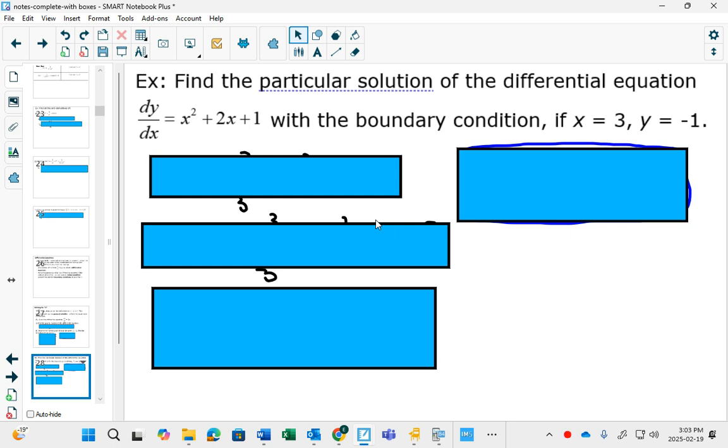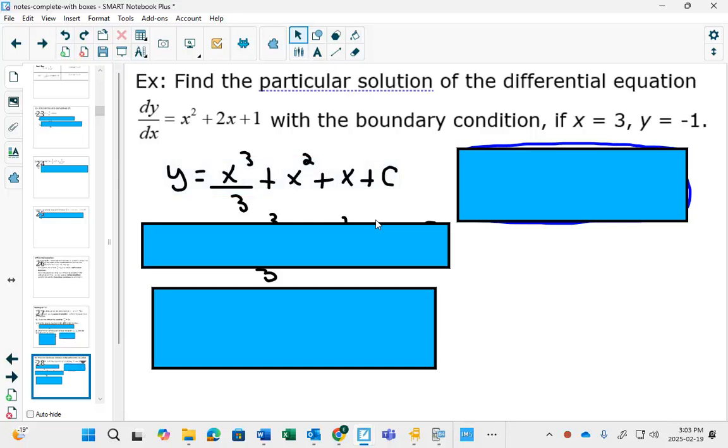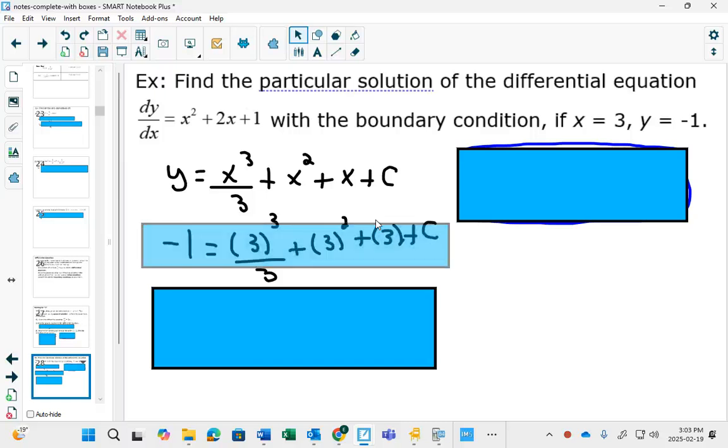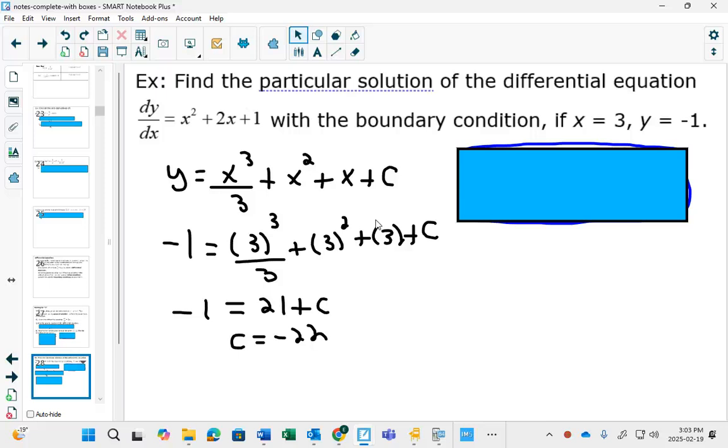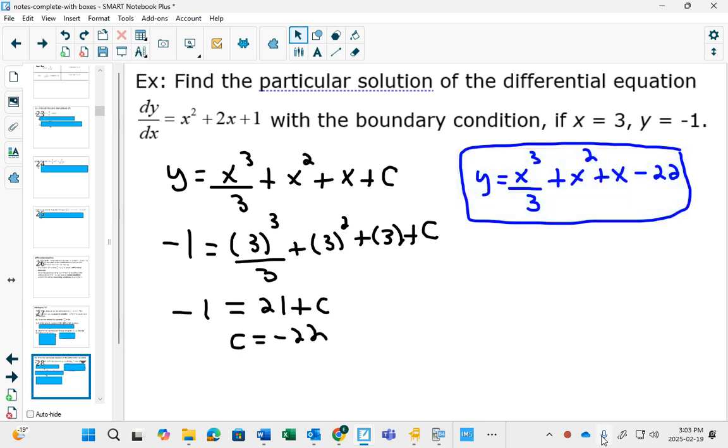So we know that if x equals 3, y is equal to -1, if this is our differential equation, we can integrate to find our original equation with the plus c, and then plug in and solve for c. Once we've solved for c, then we can rewrite the particular solution with that value in there.